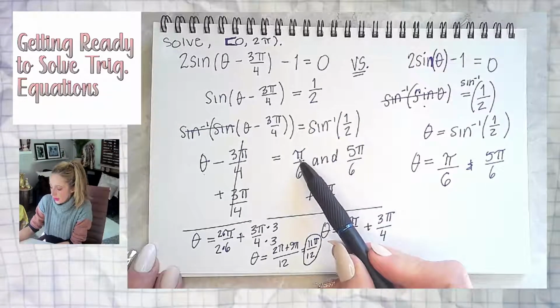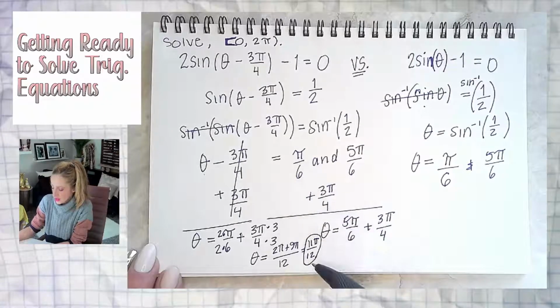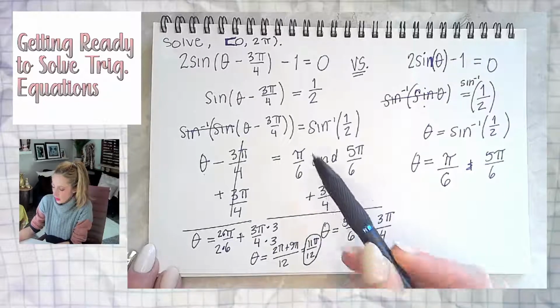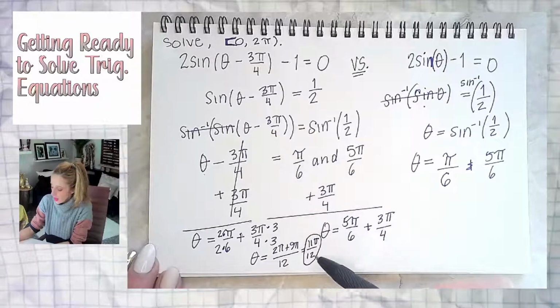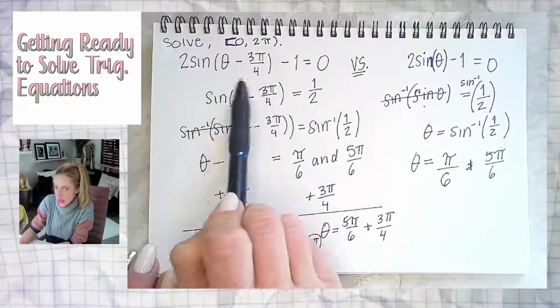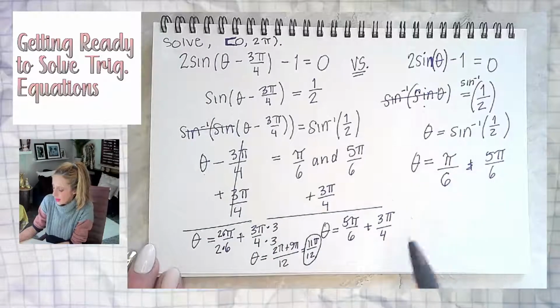Which answer is bigger as an angle, pi over 6 or 11 pi over 12? 11 pi over 12. Yeah, that's definitely bigger because that's 2 pi over 12, right? It is bigger, and it's bigger because of this step here, and we'll elaborate in a minute.